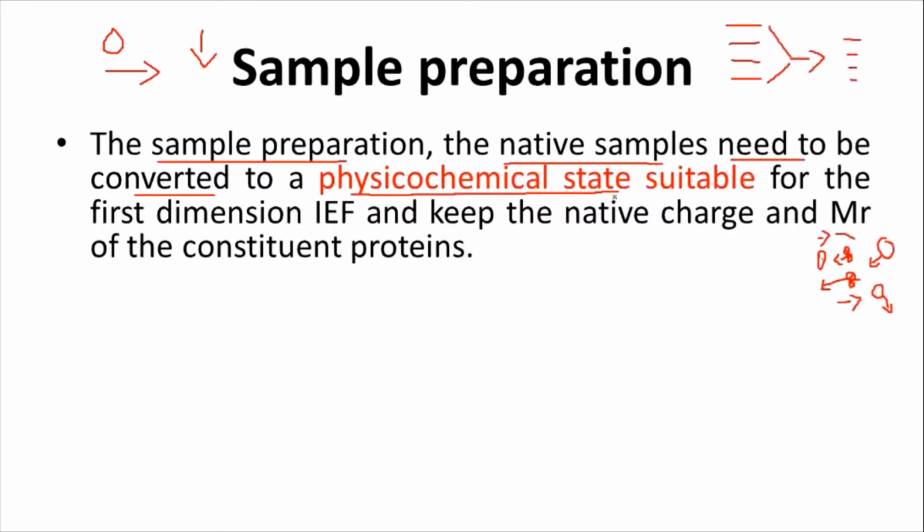Then only you prepare the suitable sample for separation of proteins by first dimension or second dimension. The native protein as such, we never use as a sample for two-dimensional electrophoresis.